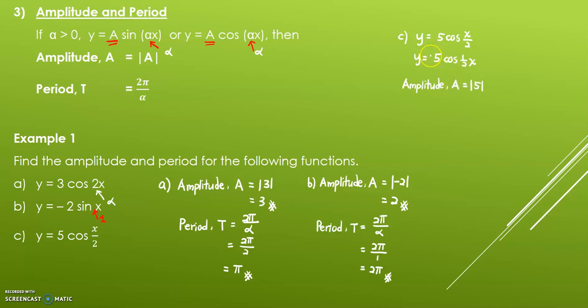This is the amplitude, the value in front of trigo. So the answer is 5. When it comes to the period, T, the formula is 2 pi over alpha. Our value of alpha is 1 over 2, so this is 2 pi over 1 over 2. If I simplify, I should have 4 pi.